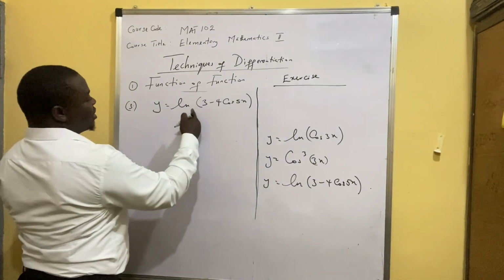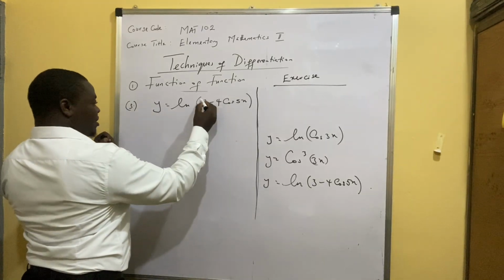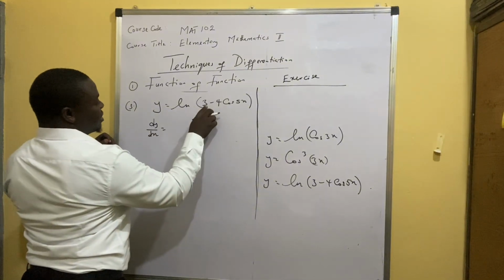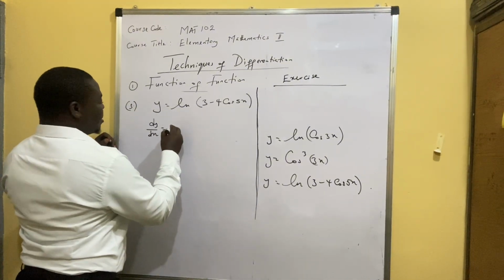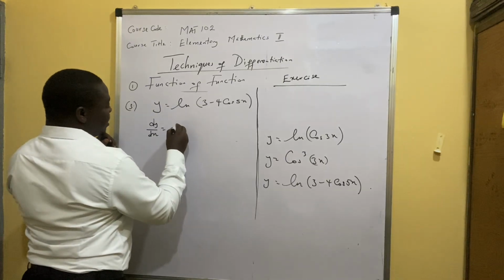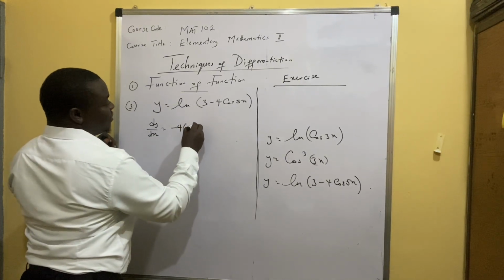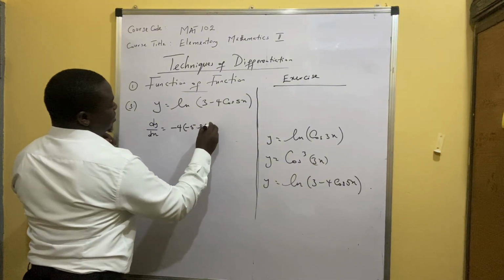We have y equal to ln of 3 minus 4 cos 5x. So also we differentiate the inner function. So we have that dy/dx will be equal to differentiating 3, that's 0, differentiating minus 4 cos 5x, that will give us minus 4 multiplied by minus 5 sine 5x.